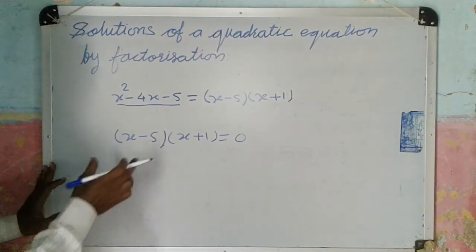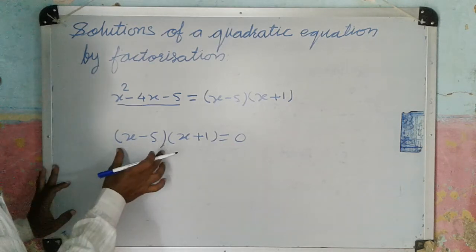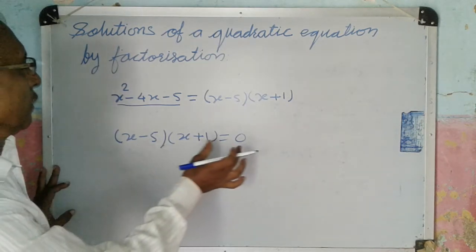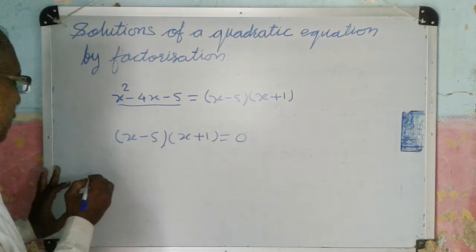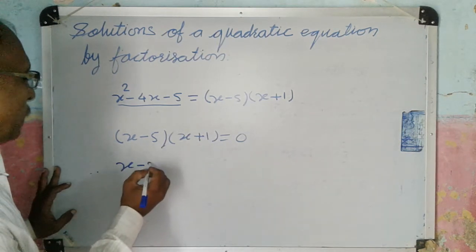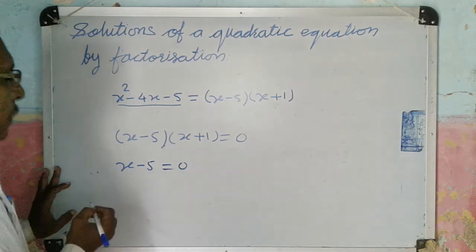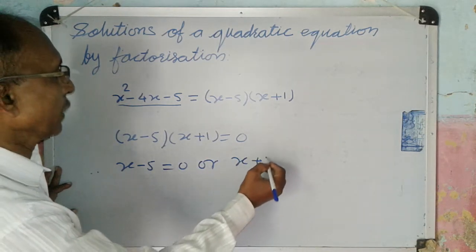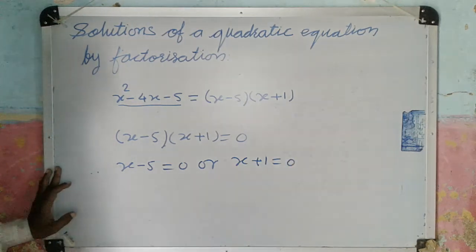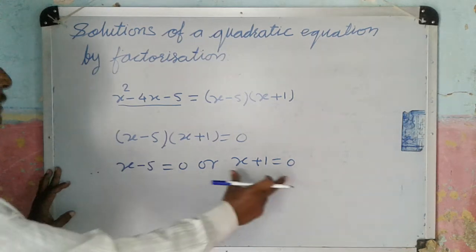That means this bracket is equal to 0 or this bracket is equal to 0. That means x minus 5 is equal to 0 or x plus 1 is equal to 0. So here we get two equations.